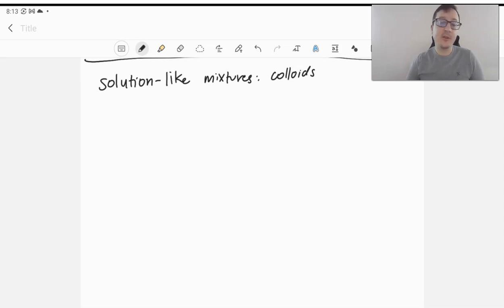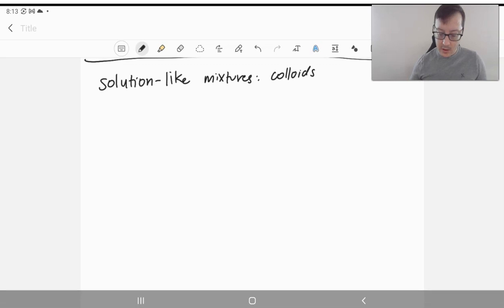To wrap up this chapter on solutions, we're going to discuss a type or a collective of mixtures that are somewhat like solutions, although not quite. We're going to see that these mixtures can be called colloids, and we'll have a later one called suspensions as well.